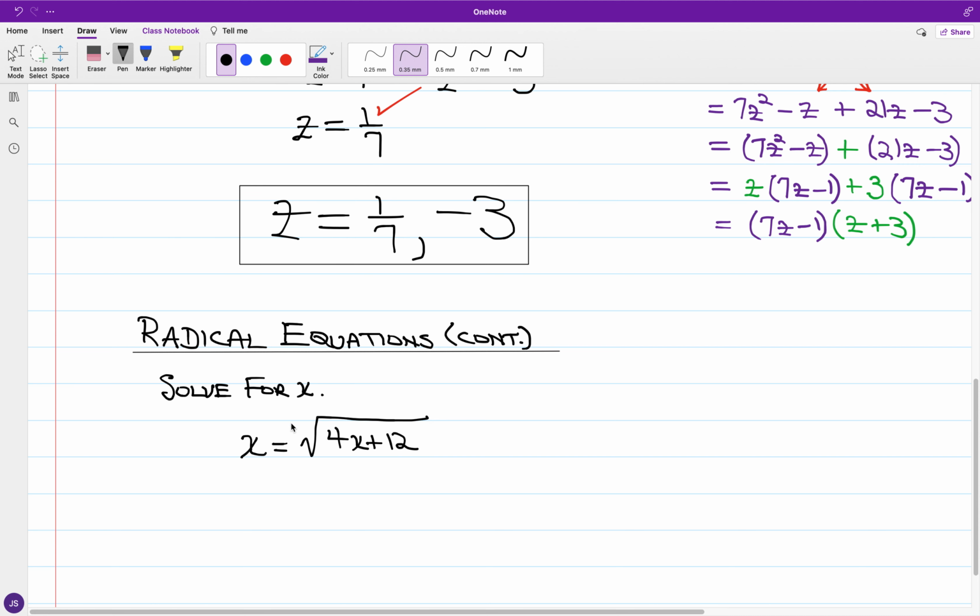So I have x is equal to the square root of 4x plus 12. Now we have x by itself on the left. We also have x appearing in the binomial 4x plus 12, whereupon we are taking its square root. And what I can do is remove the square root by taking both sides and squaring out.